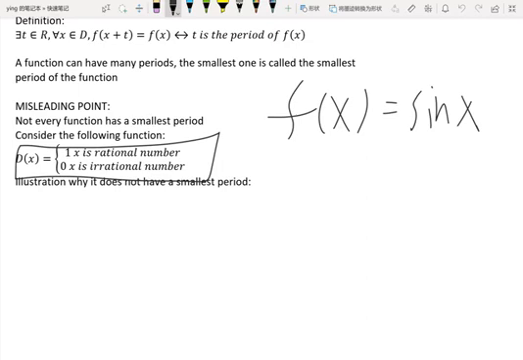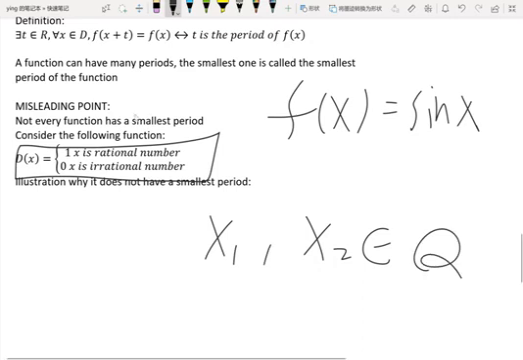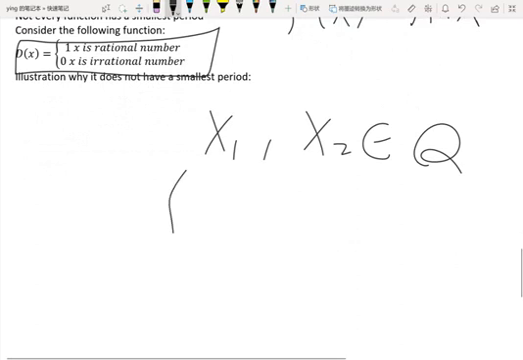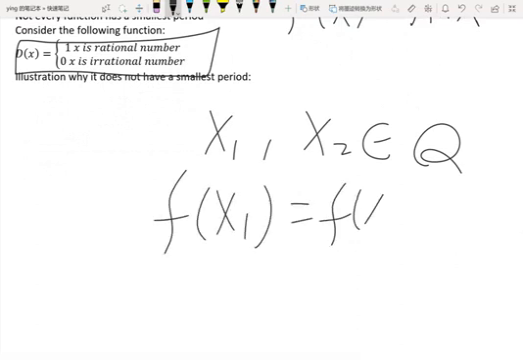So let us say that x1 and x2 are two rational numbers, which, according to the definition, we can have this relationship. Oh, and here we suppose that x2 is greater than x1.